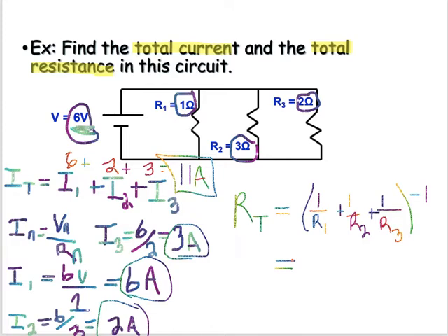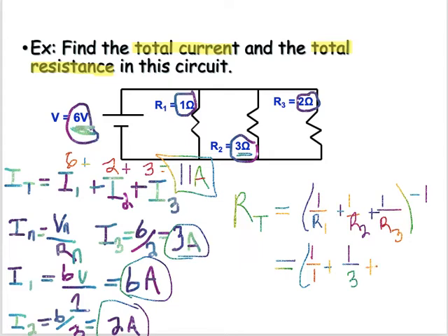Okay, now I got my calculator ready. Let's plug in some actual numbers here. So that's going to be 1 over, don't forget my parentheses there. That's a really bad parentheses, but sorry guys. All right, so resistor 1 was 1 ohm of resistance, right? So resistor 2, so that's going to be 1 over resistor 2, which is 3 ohms.